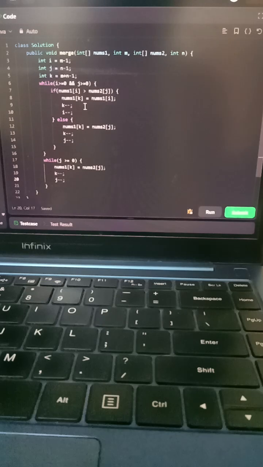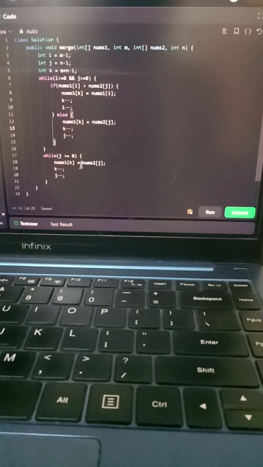Then we decrease k, and similarly i. Otherwise, nums2 of j is greater, so nums2 of j is stored at the last index, and we decrease the counters, because we have to find the other elements also.